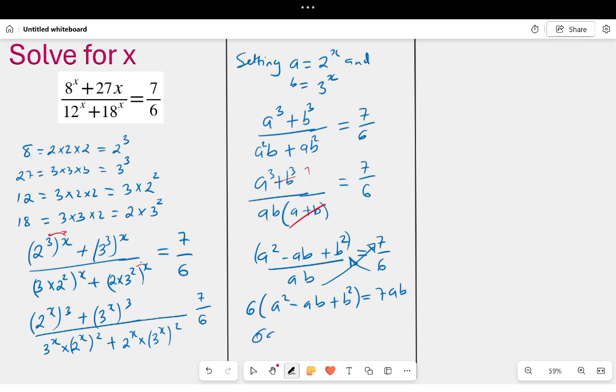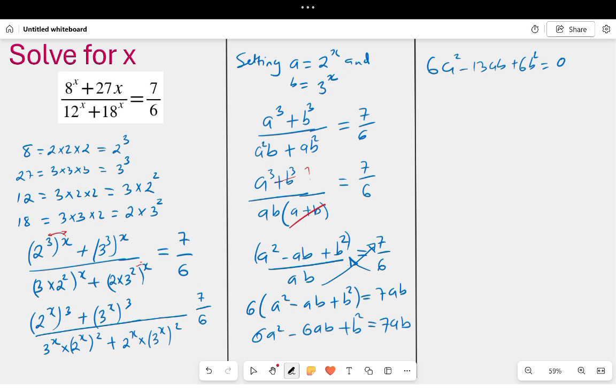It's going to be 6a squared minus 6ab plus 6b squared is equal to 7ab. Okay, now reorganizing the like terms together, we are going to have 6a squared minus 13ab plus 6b squared is equal to 0.